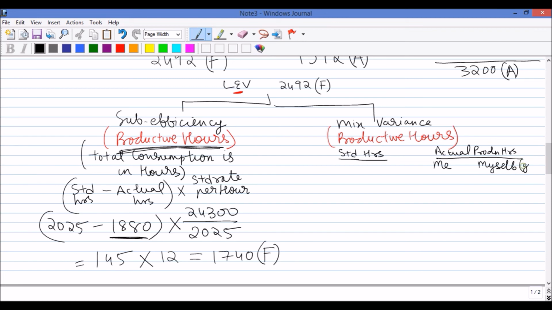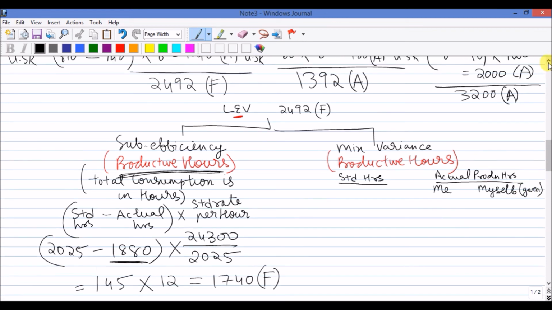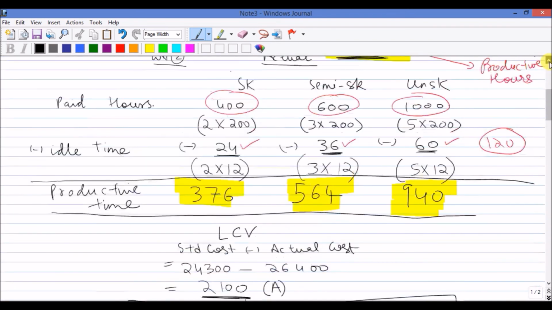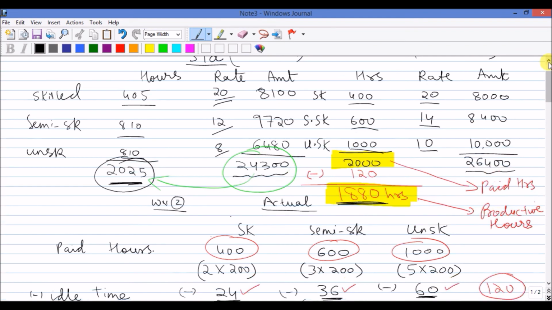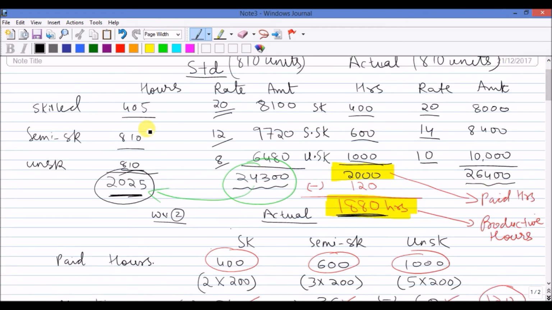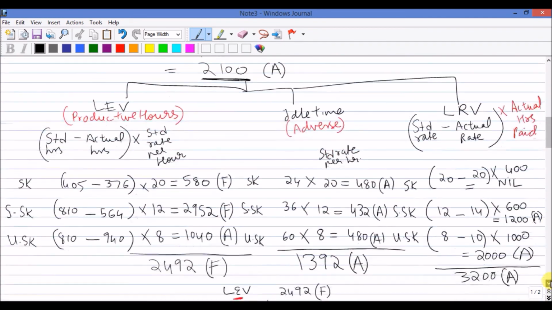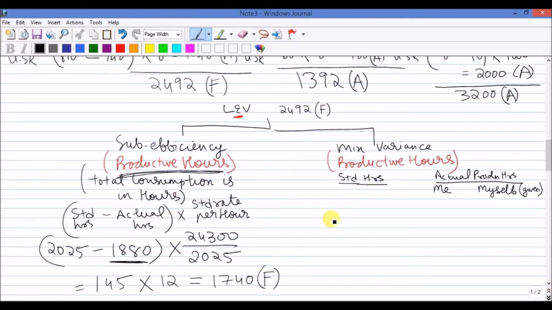Myself is always given to us. Those who are not following, do lecture 1. Standard hours are 405, 810, 810. This is skilled, semi-skilled, unskilled.